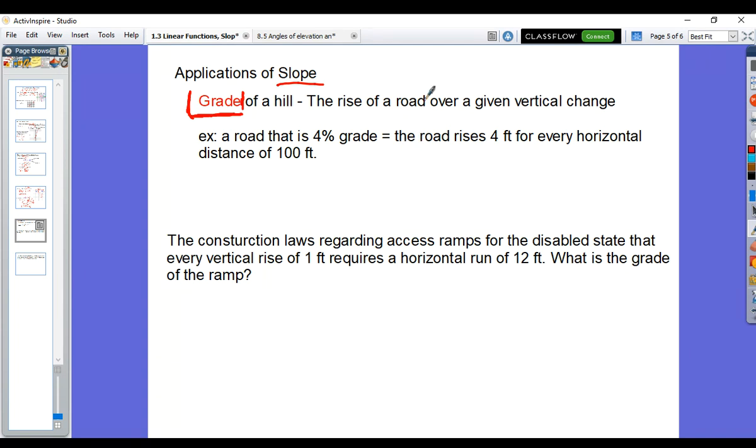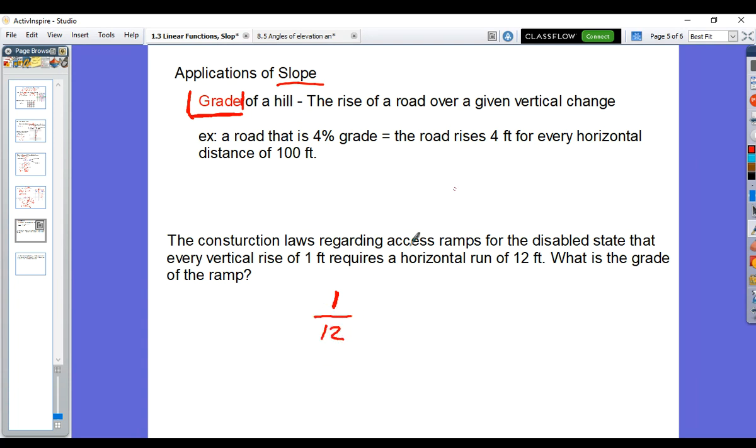So for example, if a road has a 4% grade, that's saying it can only go up 4 feet for every 100 feet traveled. So in our example here, a construction law regarding access ramps for the disabled states that every vertical rise of 1 foot has a horizontal change of 12.